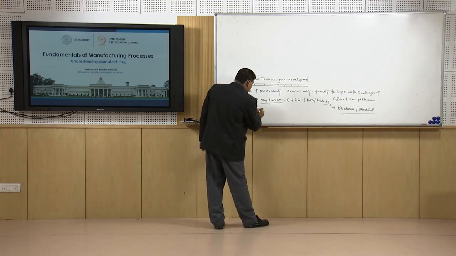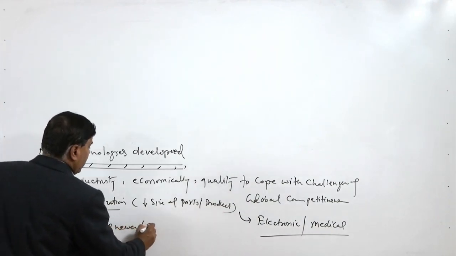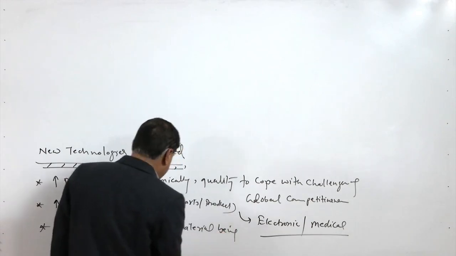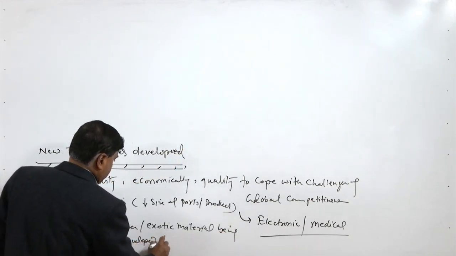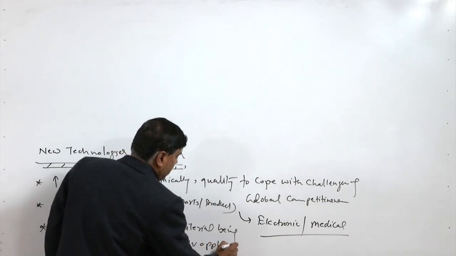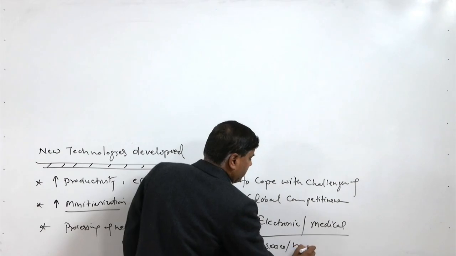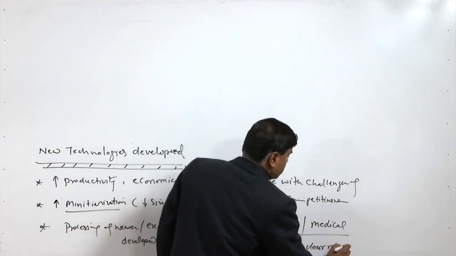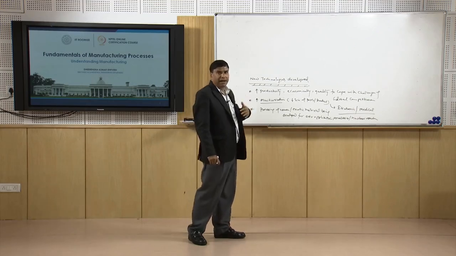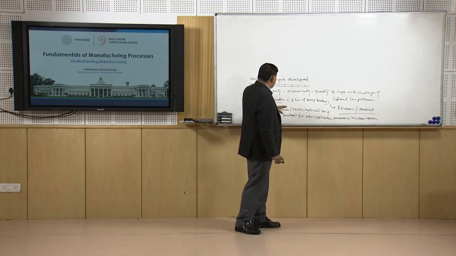So, processing of the newer and exotic materials being developed for advanced applications like aerospace, nuclear reactors, etc. These are the areas where newer materials are being developed to meet the challenges of high temperature and high stresses, and those materials are really difficult to process, difficult to shape using the existing technologies.